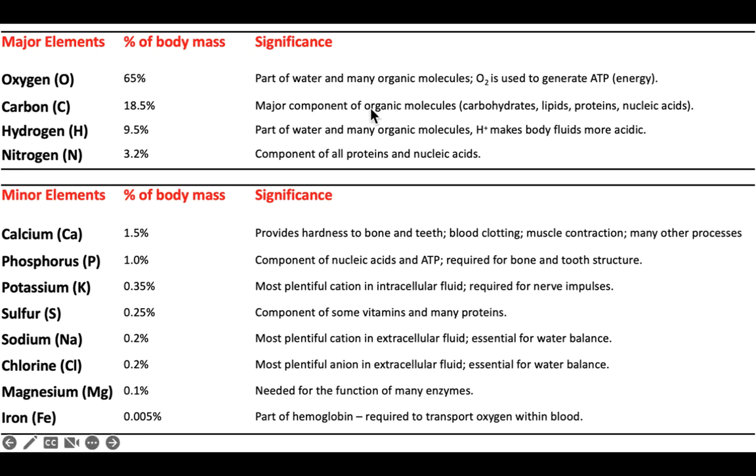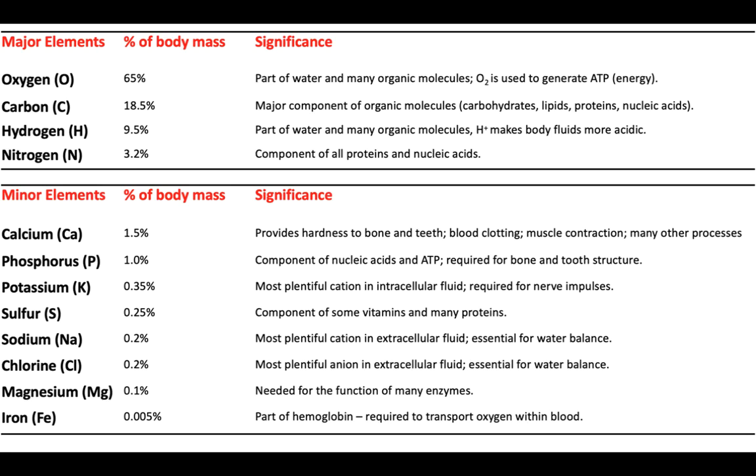Carbon, again, organic molecules contain a lot of carbon. Hydrogen, again, part of water. Now notice here, we're going to get to pH in a little bit. Notice that when you have a hydrogen ion, that means that this hydrogen is positively charged. What happened to that atom is it lost an electron.